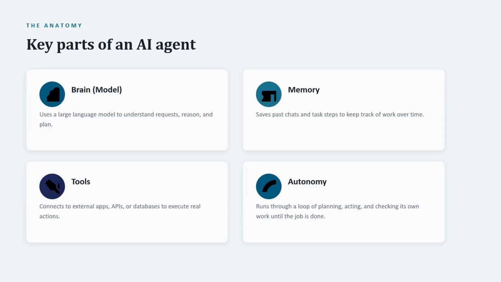So memory basically saves past interactions and that helps the AI agent take the next step forward, right? So that's what the memory does. And again, as I mentioned, I'm trying to keep it very simple so that you can understand. And then once we implement, we'll try to relate or connect these things with our code or real implementation, right? Like how does that work in real time, right?